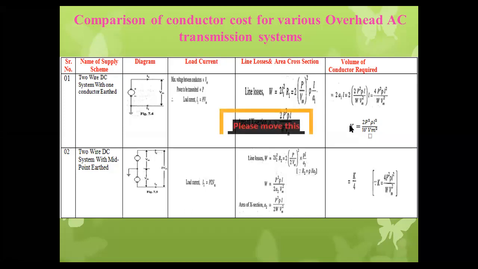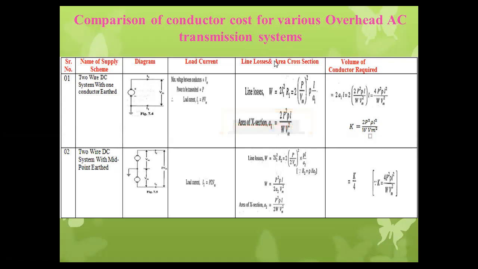Okay, into that we have seen the load current required, line losses, area of cross section, and volume of conductor material required. By numerical problem basis and formula basis, we can conclude which overhead AC transmission system requires the more conductor cost.